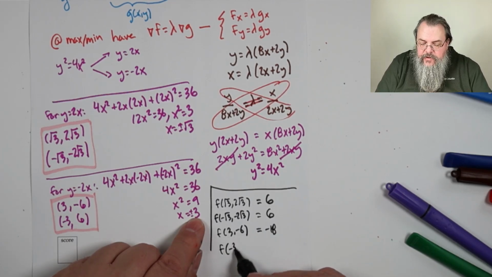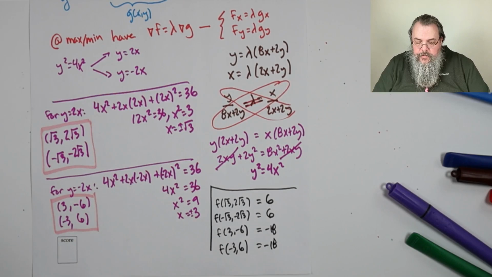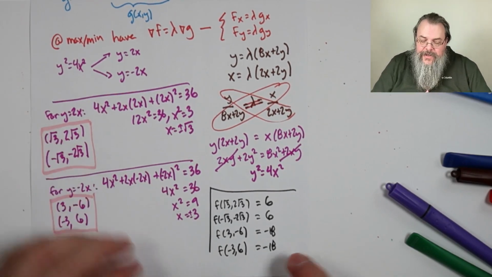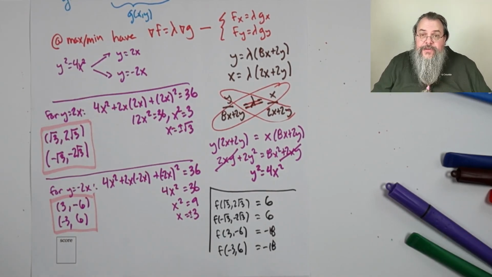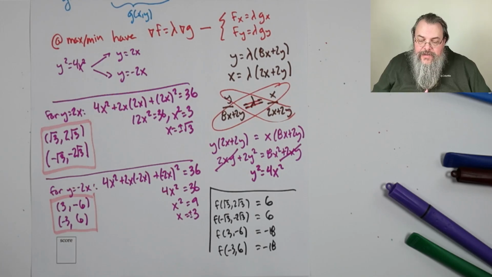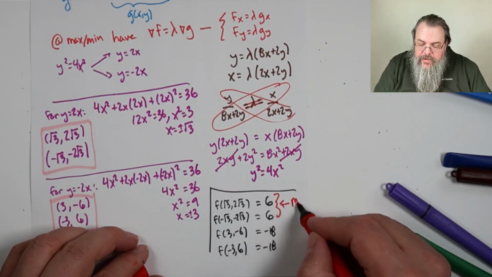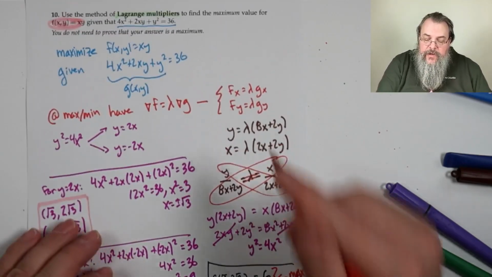F of negative 3, positive 6, multiply those together, gives you negative 18. Now, these were where max or mins could occur. These are the corresponding values. Which is the largest number on the list? The answer is 6. So this must be the max. It's the biggest number.